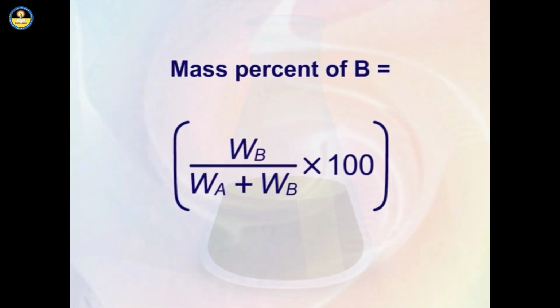And mass percent of B equals WB divided by WA plus WB multiplied by 100.